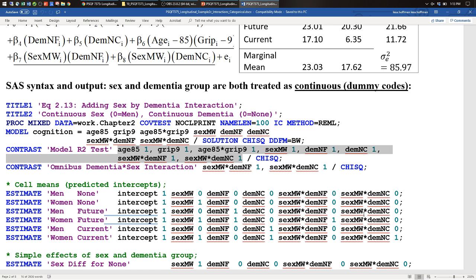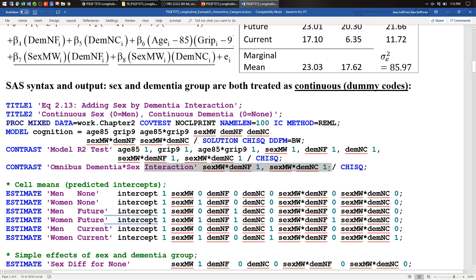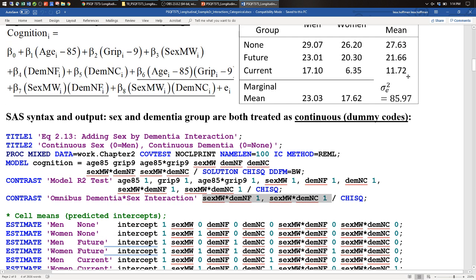So it's like, on average, do these terms account for variance? This 2 degree of freedom term right here is the test of whether there is any interaction anywhere between gender and dementia. It only takes 2 to replicate all the patterns of differences in these 6 numbers.